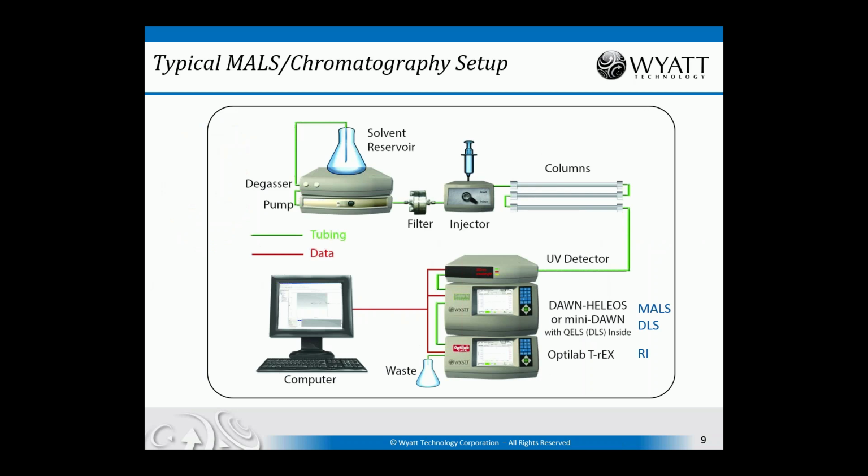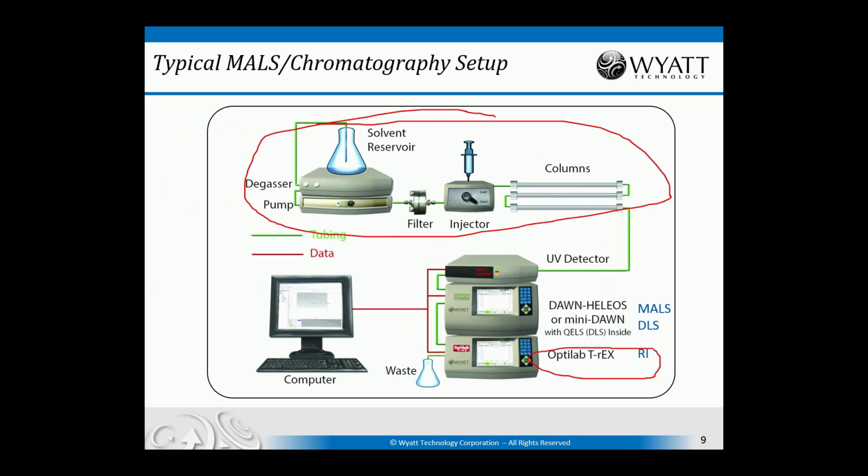SEC-MALS takes a typical HPLC system using SEC columns and combines it with the usual downstream UV detector and a refractive index detector, which is a universal concentration detector. Even if your sample does not contain chromophores or fluorophores, it can usually be measured using refractive index.